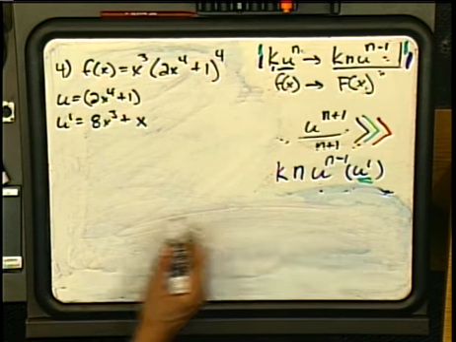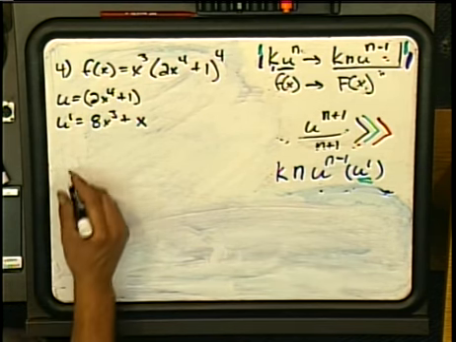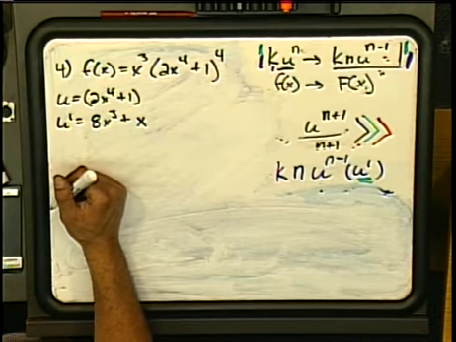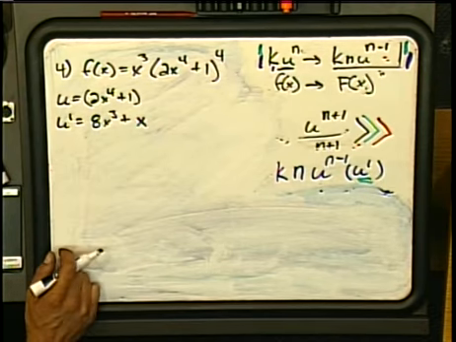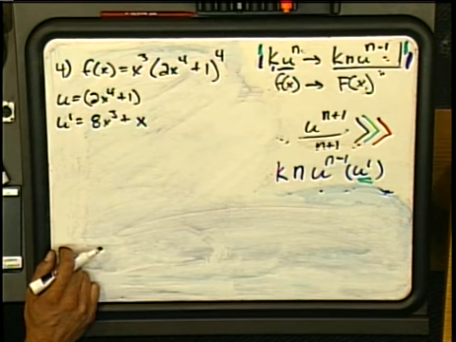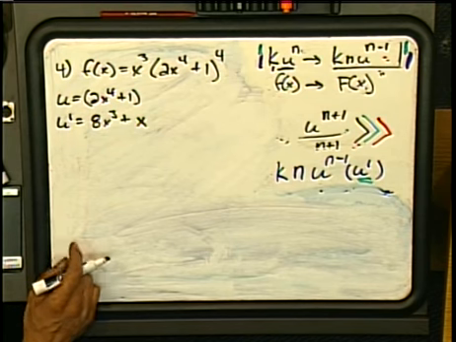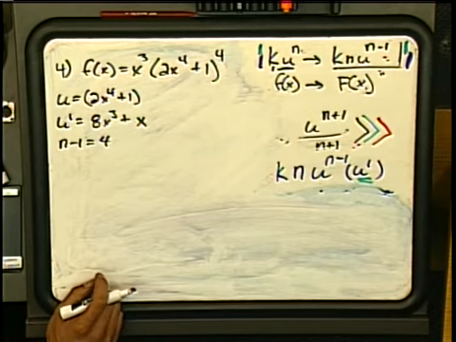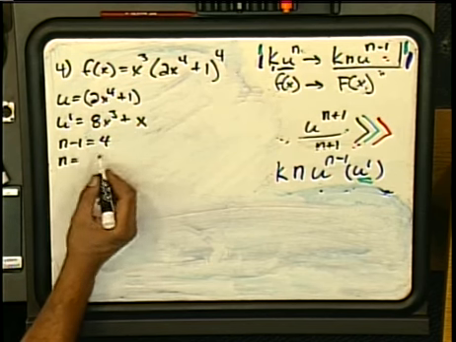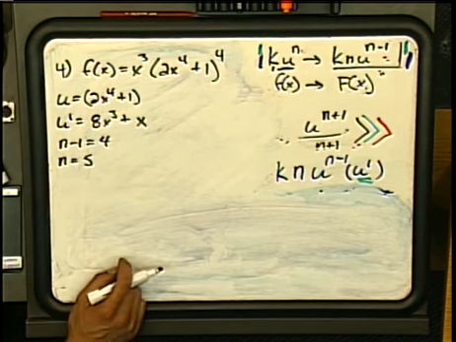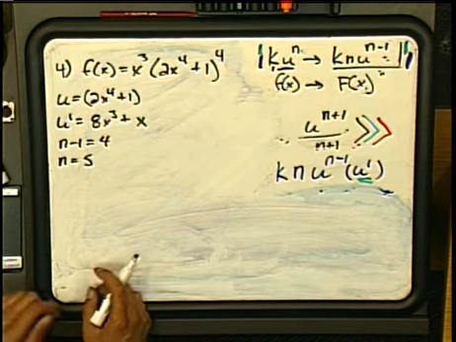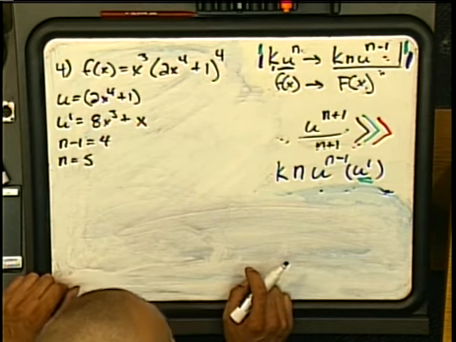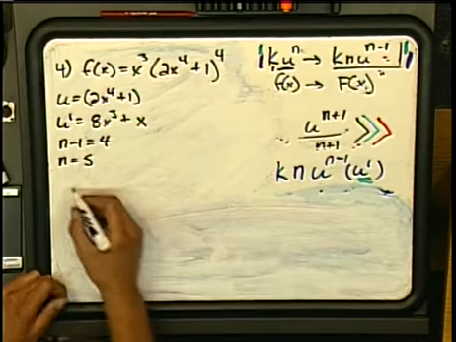Using this, they give you N minus 1 equals 4. So that means N would equal 5. And let's start plugging in. We're looking for K.